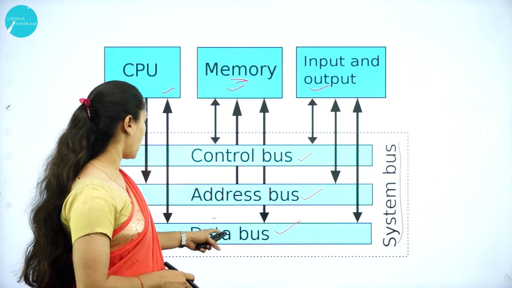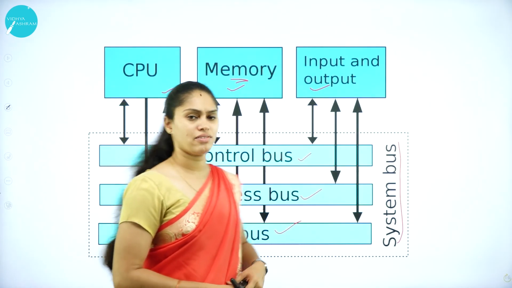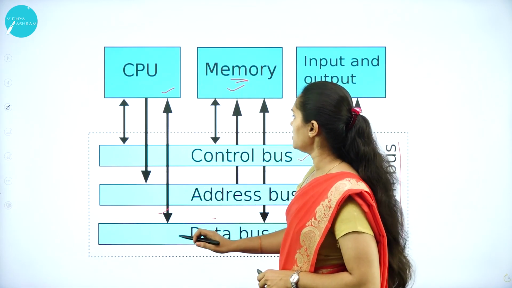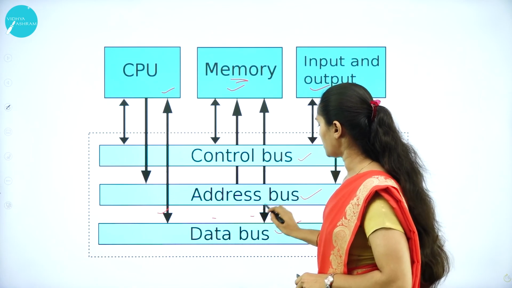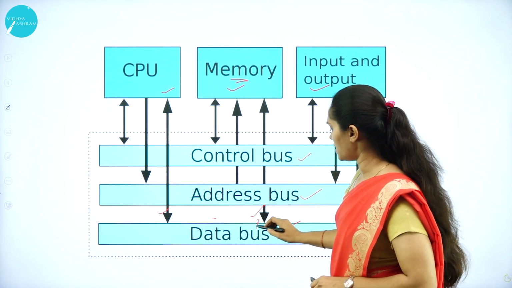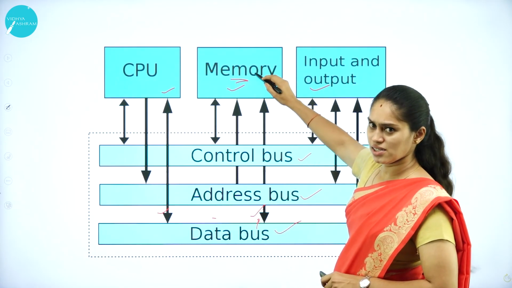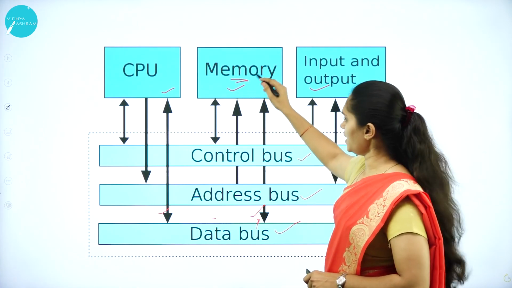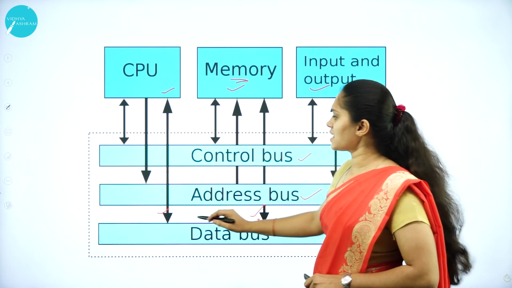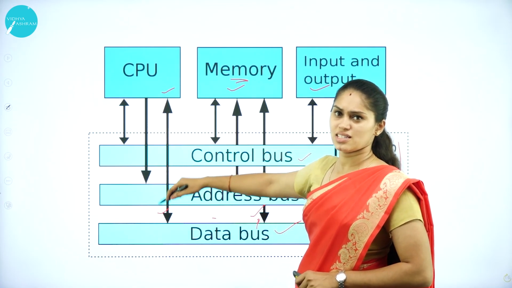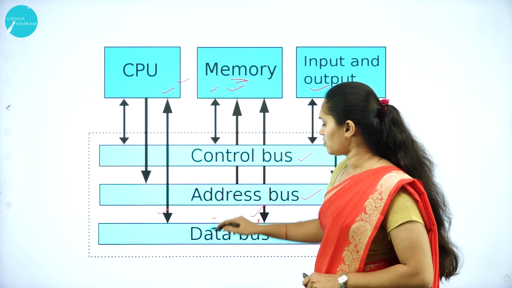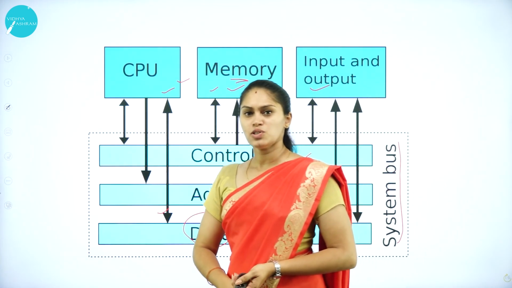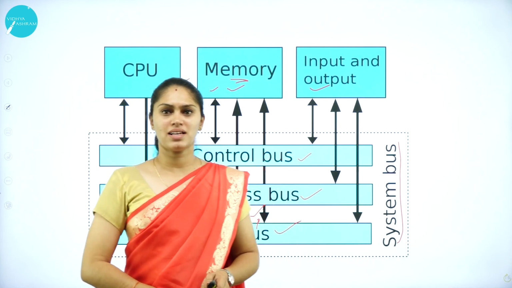Here you can see that the data bus has bidirectional data transfer between the CPU and memory. From the data bus, the data will be transferred to the memory, and whatever is there in the memory will also be available on the data bus. The communication between the CPU and memory takes place with the help of this data bus. Getting it? So it is all regarding the bus concept.